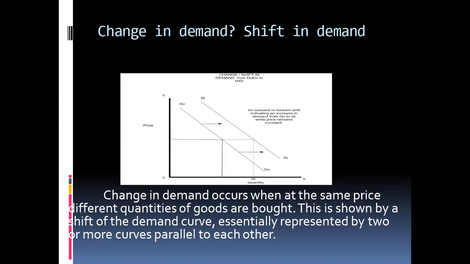Now please notice that we have a demand curve initially at a particular price, but something happens and there is a shift in demand curve outward, but the price remains the same. There is a fixed price at this place. Now we have the demand curve moving from D0 to D1.